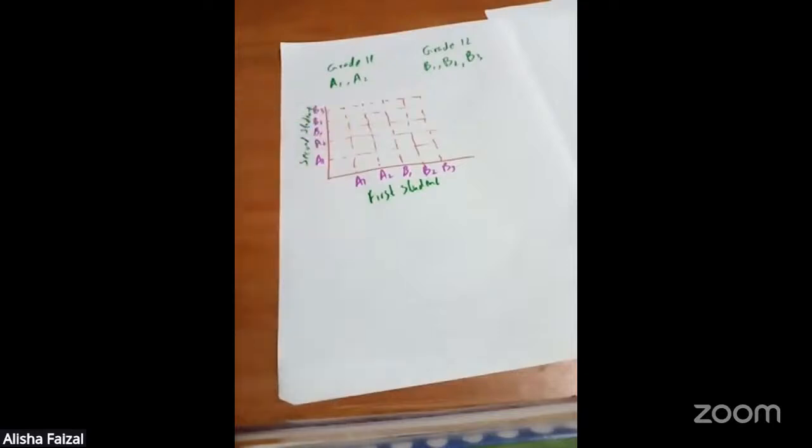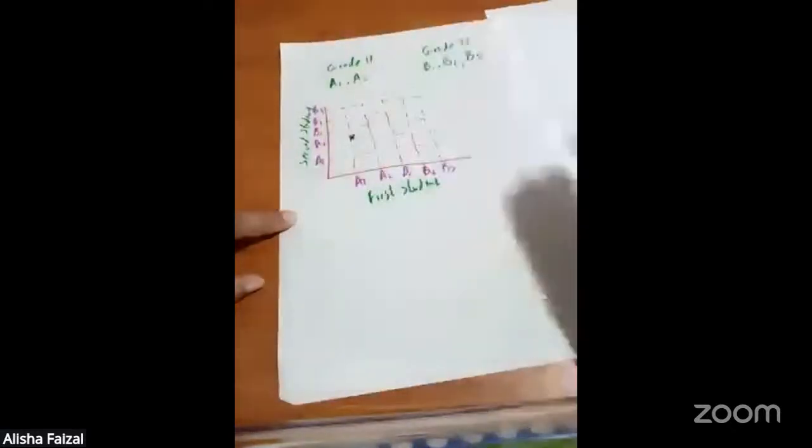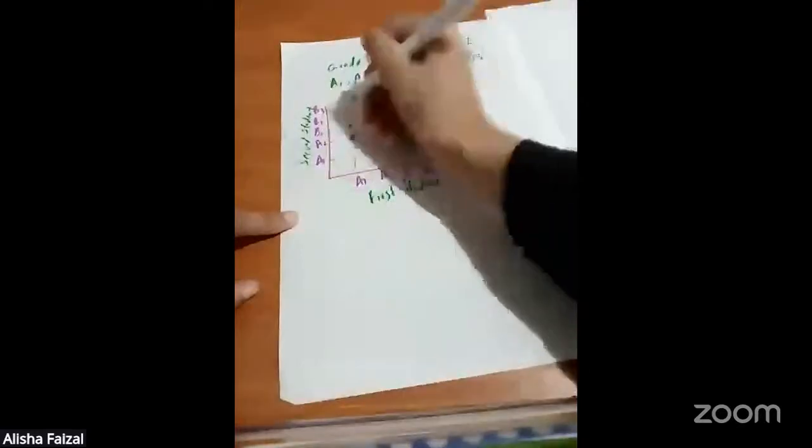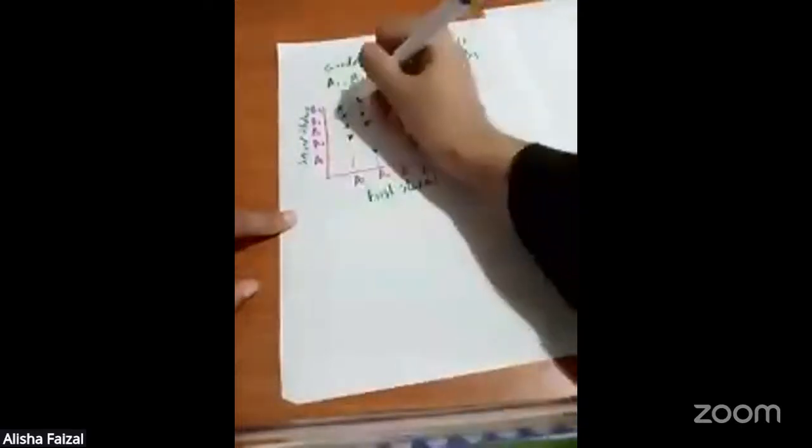You have to read the question carefully. If A1, then you can only pick A2, B1, B2 or B3. Similarly, for A2 you can pick A1, but you can't pick A2 again; you can pick B1, B2 and B3.